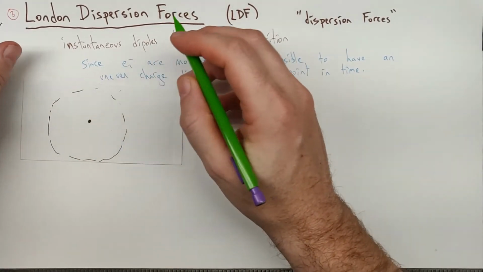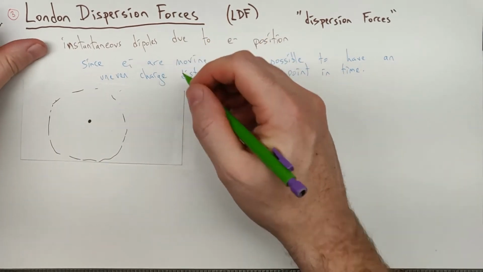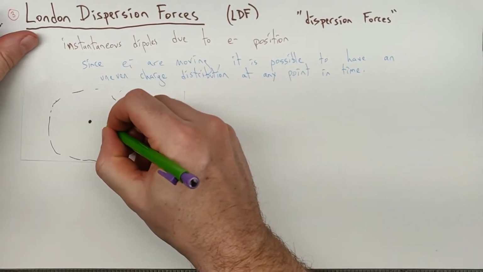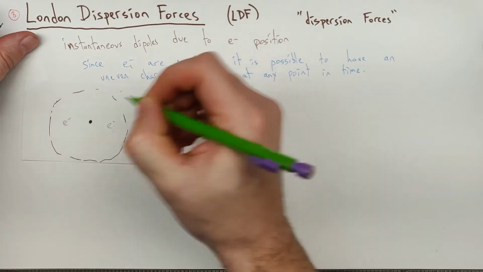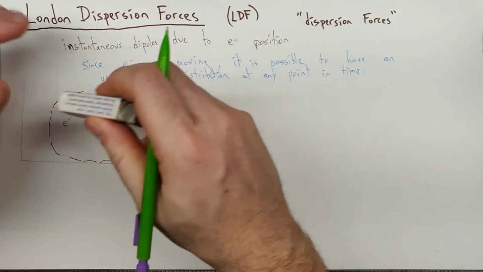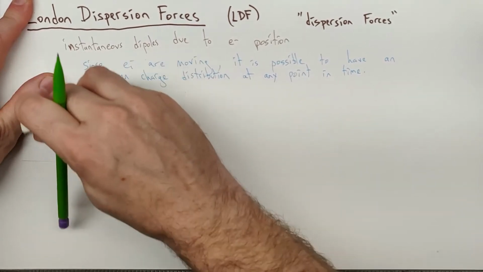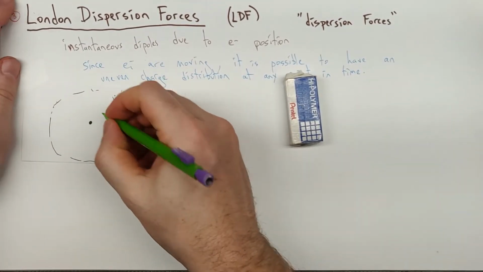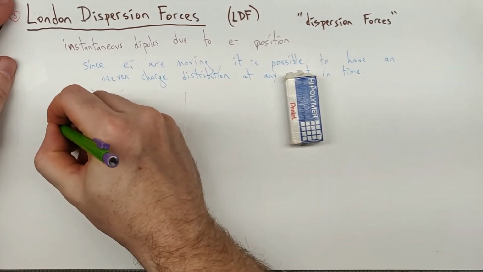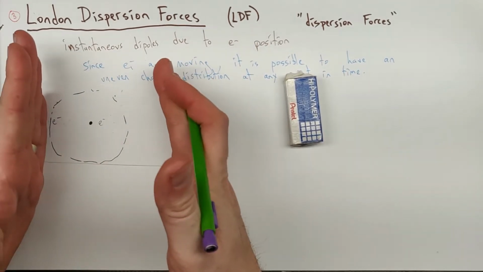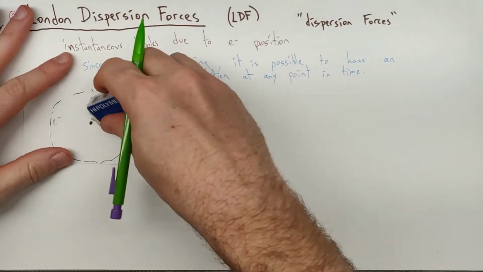Now, what happens when we start to have multiple electrons is maybe at some point in time I've got an electron there, and they're balancing each other out, in essence, in terms of charge around the nucleus. But it's also possible that we end up with an electron there and an electron there, which is going to start to stagger our negative charge in that direction.